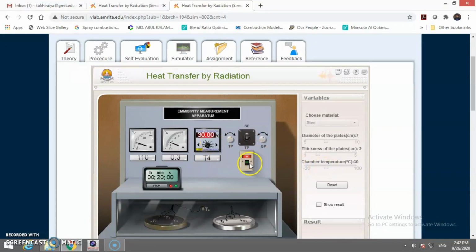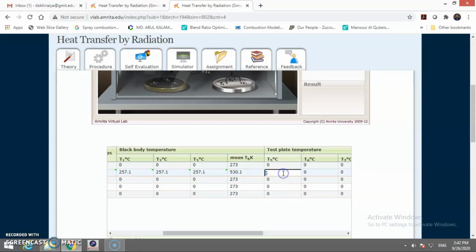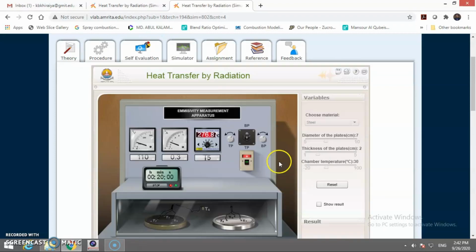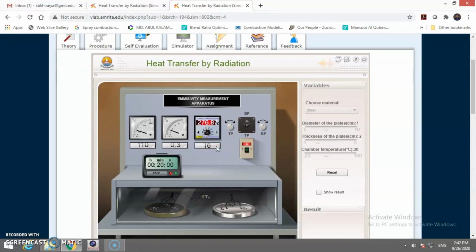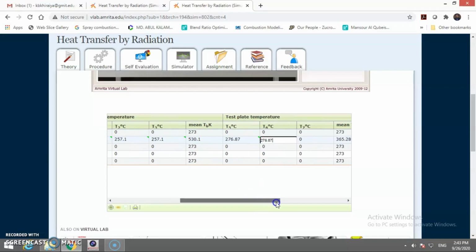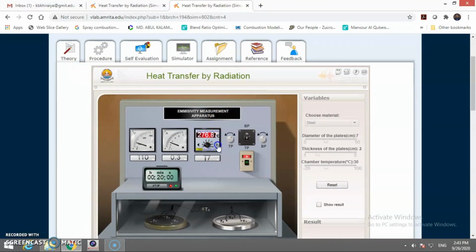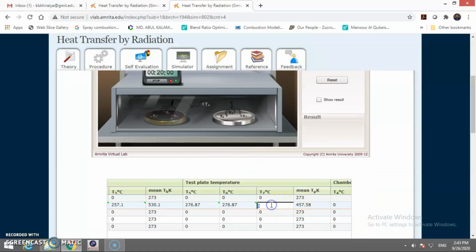Now for the test plate, T5 is required. T4 we set as 30, so it shows a reading of 30. Now T5 is 276.87, so we add the reading over here. Now again I change the knob to T6, and it shows the same reading, 276.87. Then T7: I change the probe, and again it shows the same reading, 276.87.